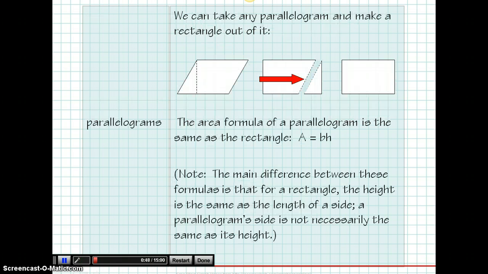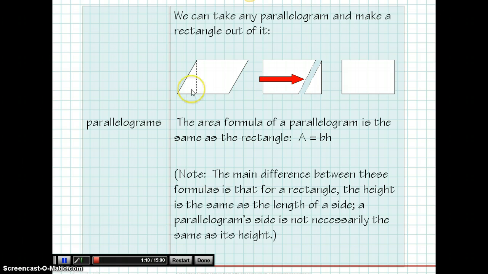Now, when we get to parallelograms, remember a rectangle is a parallelogram. And so if we kind of go a little bit more general, any parallelogram, we can take one of the pointy sides of the parallelogram, and we can slice off that pointy side and basically form one side of a rectangle.